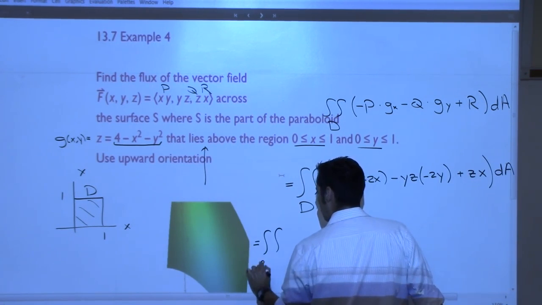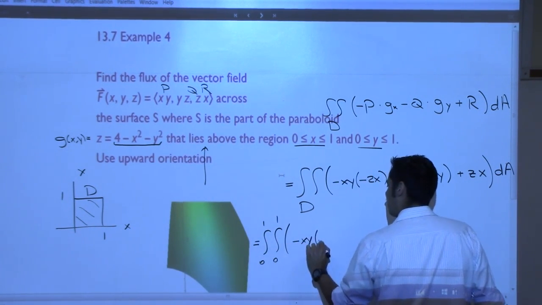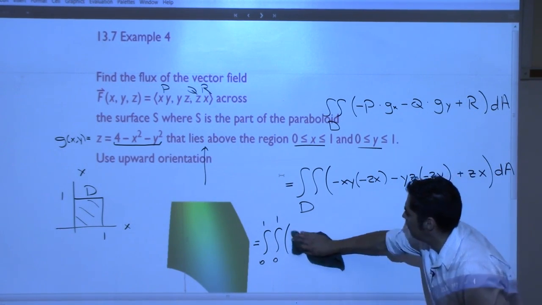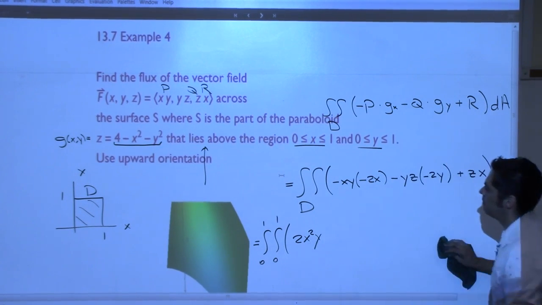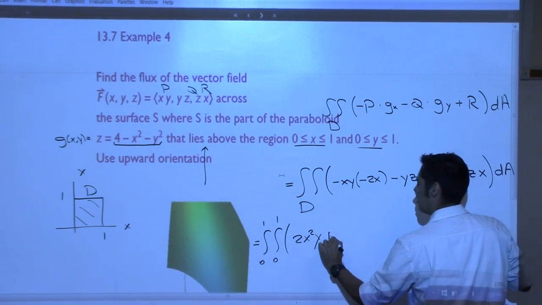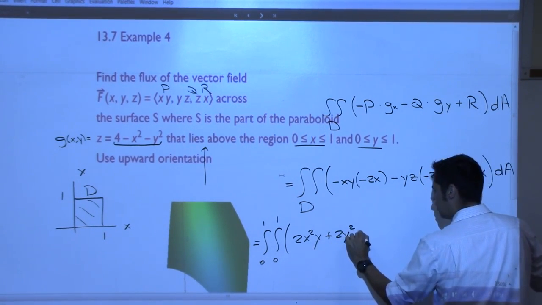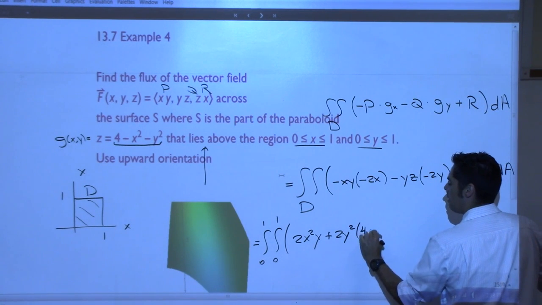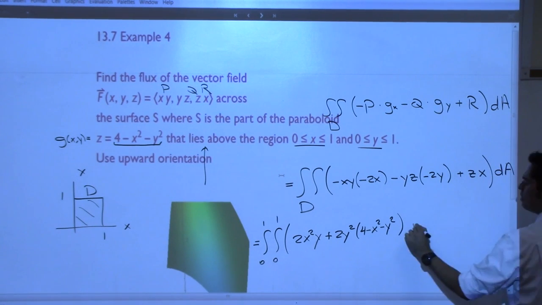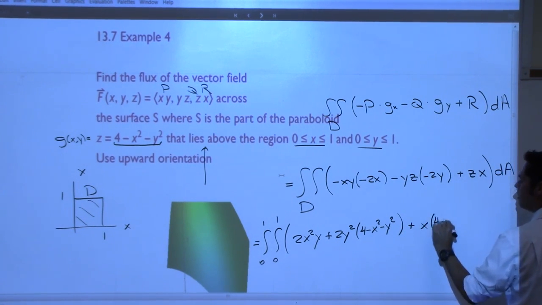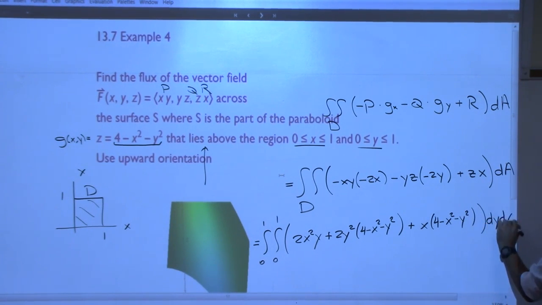Integral from 0 to 1, 0 to 1 of negative xy. I can actually put those together. What's that? 2x squared y. This one plus 2y squared z, but z is 4 minus x squared minus y squared. And then the last one, plus x times 4 minus x squared minus y squared, dy dx.